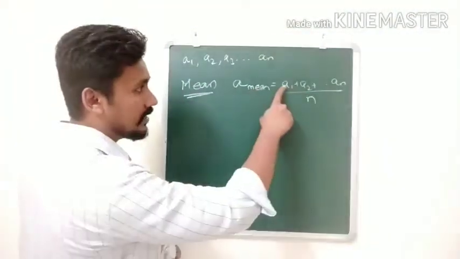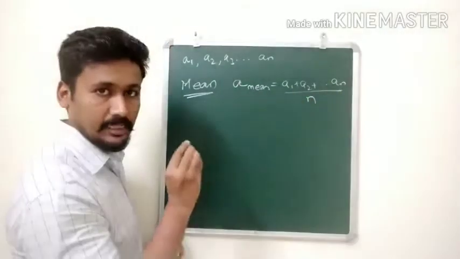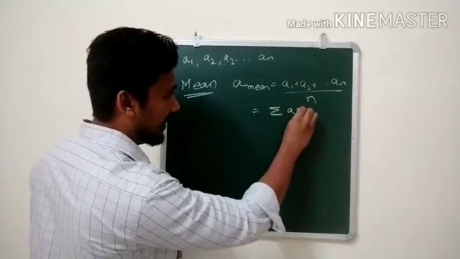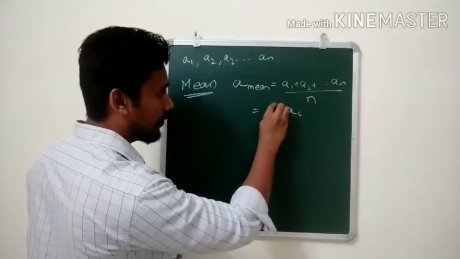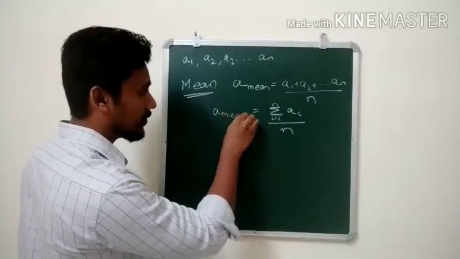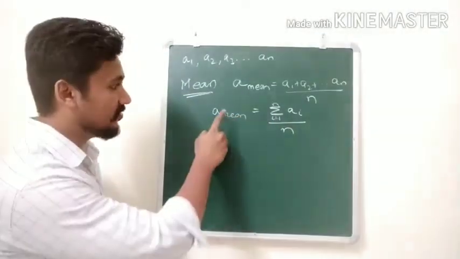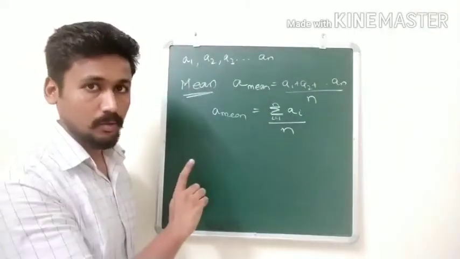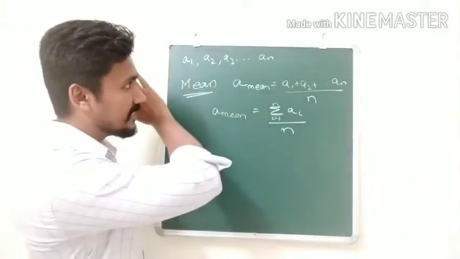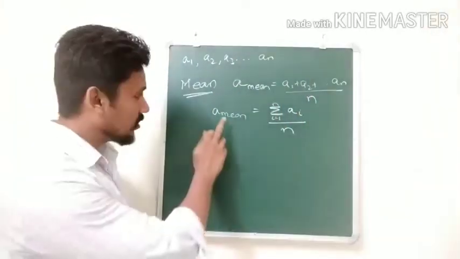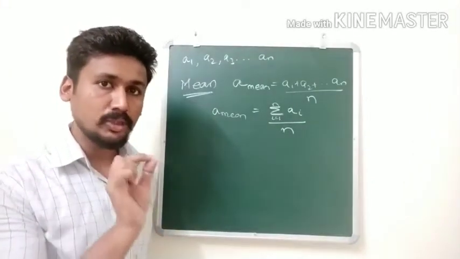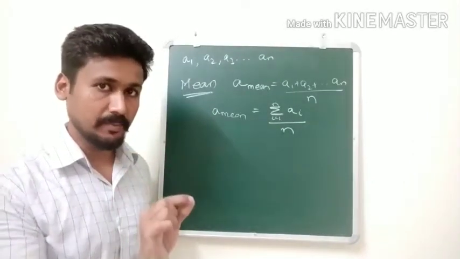So A mean is the sum of all the values divided by the number of values. We can write it as summation of Ai, where i goes from 1 up to n, divided by n. This is A mean. Now make a note of this. Okay, so this is the first concept, that is mean value. So mean is the average value. We assume that if you have taken, let us say, 100 readings, the mean value of these readings will be very much close to the actual value of that particular measurement.